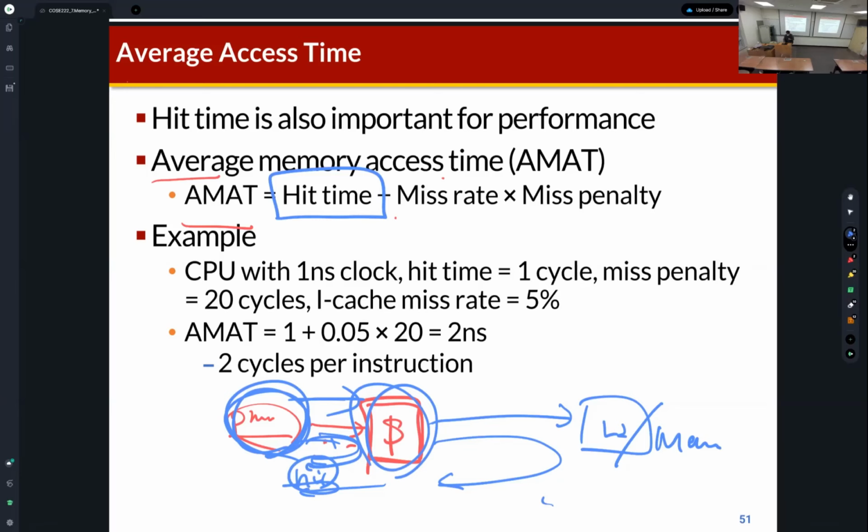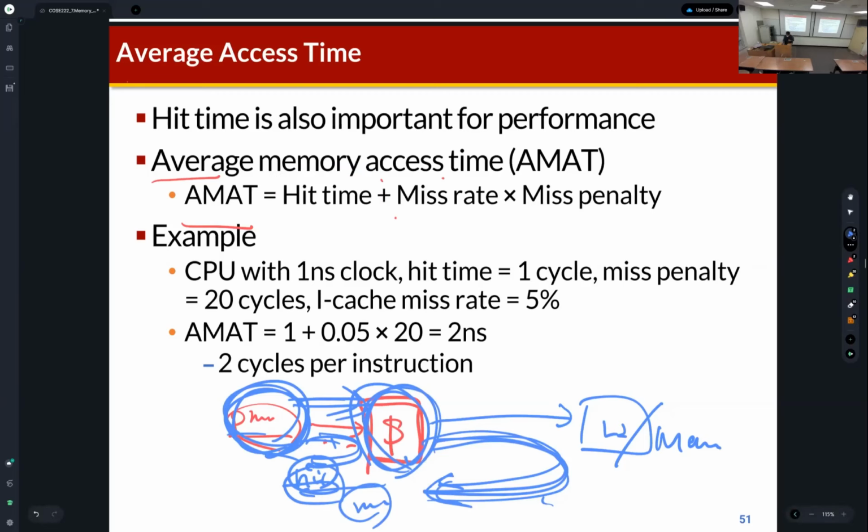But in the miss case, the hit time is consumed, and then the additional cycles are also added because the data should be fetched from the lower-level cache or memory, right? That's why when we calculate the average memory access time, we always add the hit time.